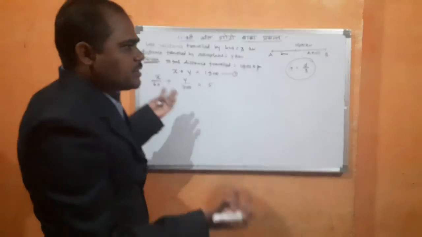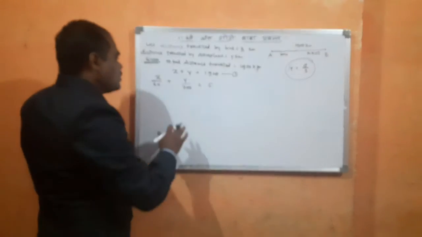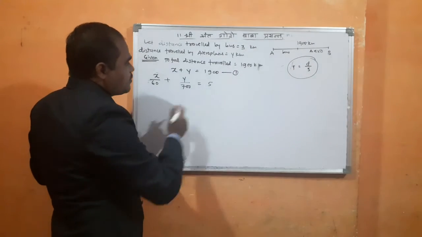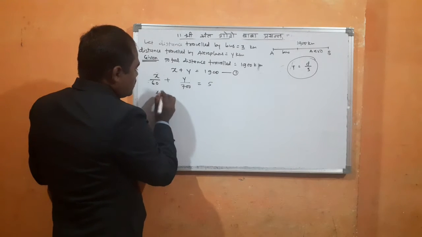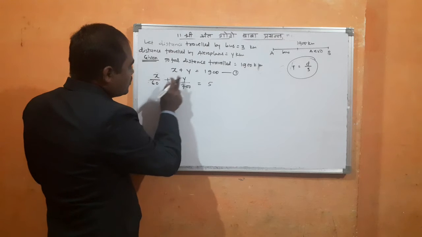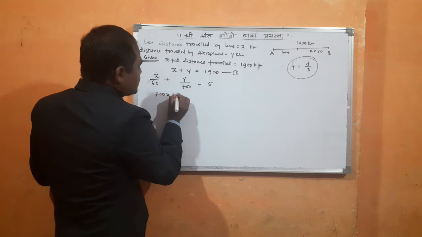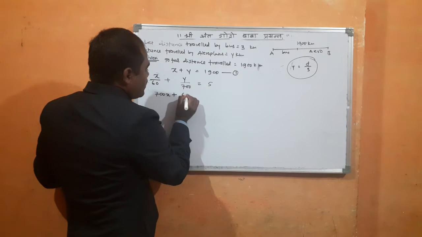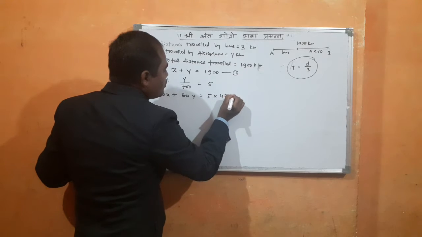Now we will use basic concepts of mathematics and convert this equation into x and y form, that is cross multiplication, so 700x plus 60y is equal to 5 into 42,000.